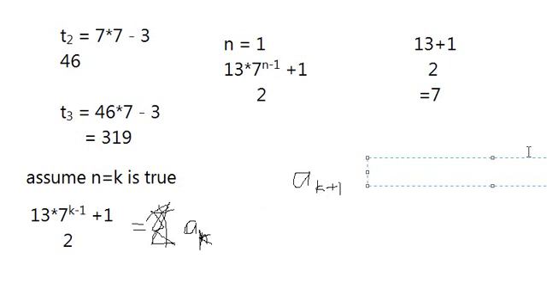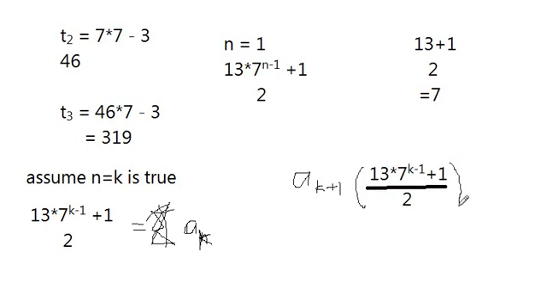The a_k term, which is 13 times 7 to the power k minus 1 plus 1 divided by 2, this whole thing has to be multiplied by 7, then minus 3.